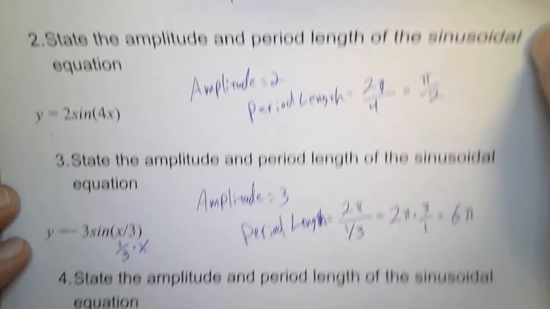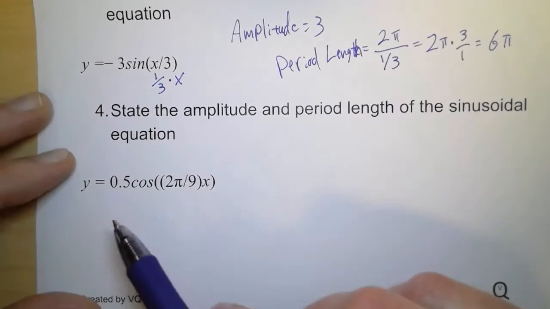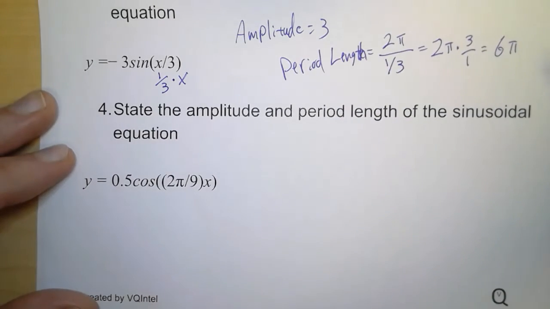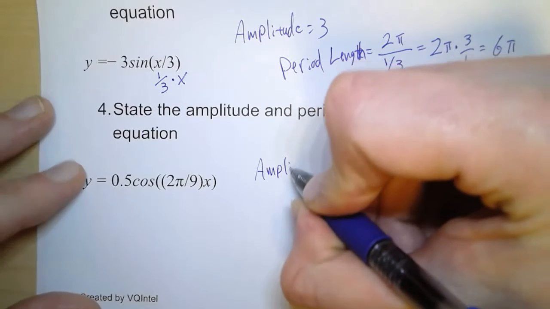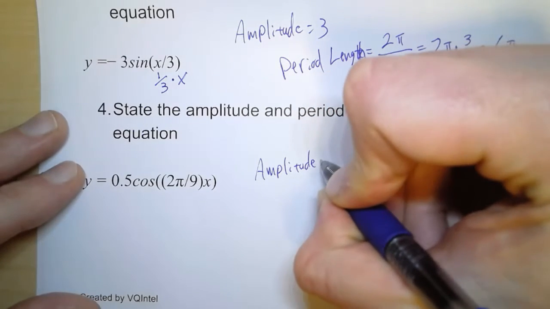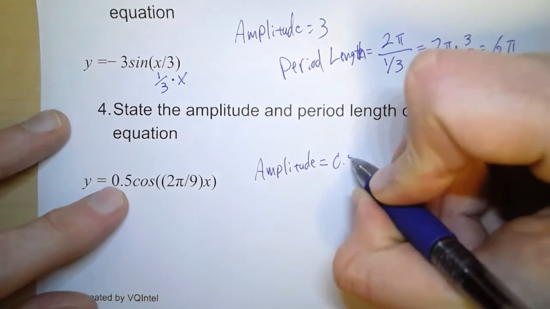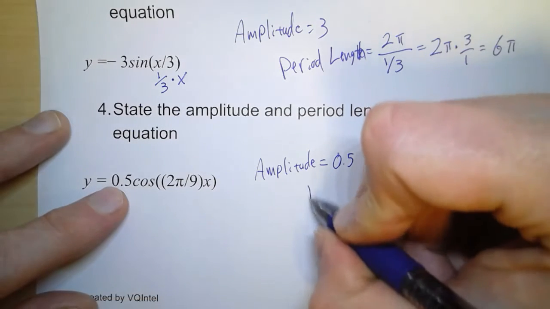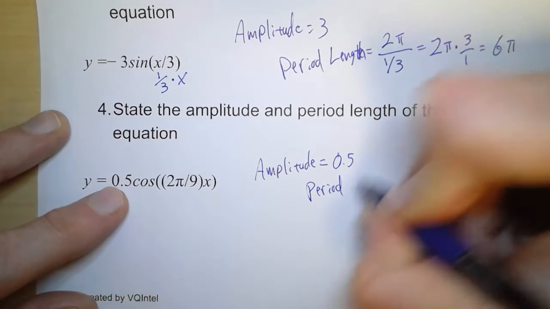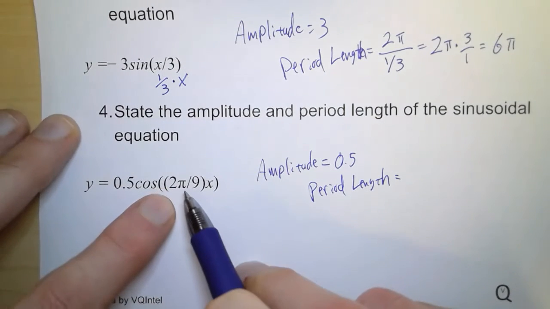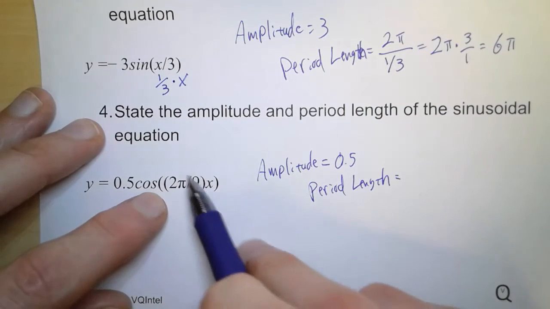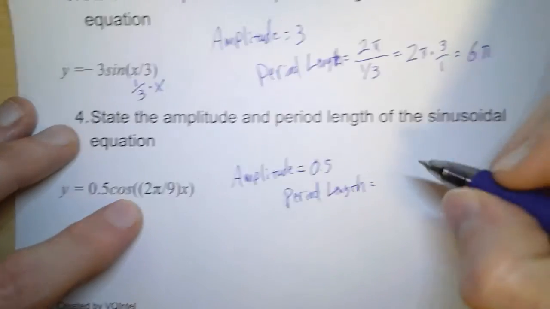Now for the fourth one, this one is cosine. The other 3 were sine, but the rules stay the same. If I want the amplitude, I look for the number in front, and so that is 0.5. And so the period length, this tells me that within 2 pi, there's 2 pi over 9 amount of a cycle.